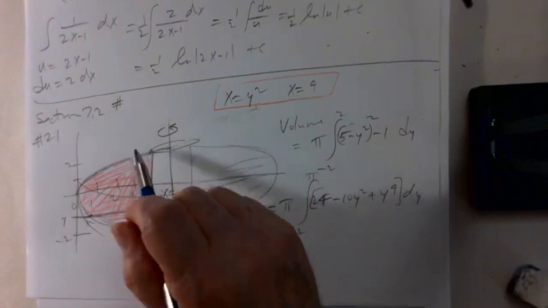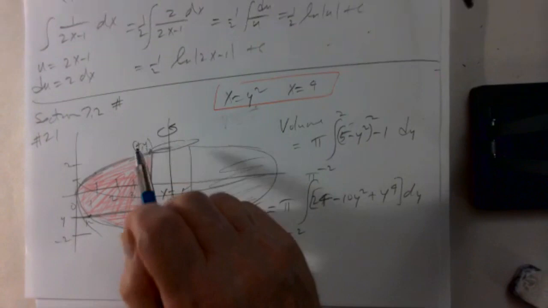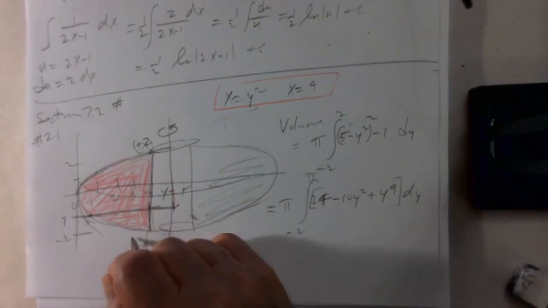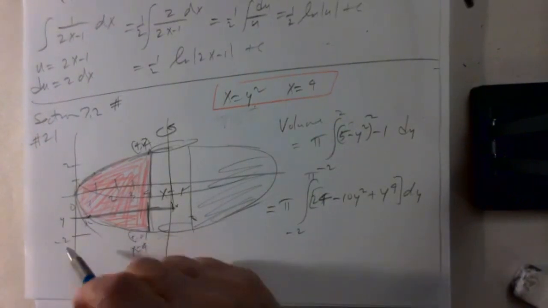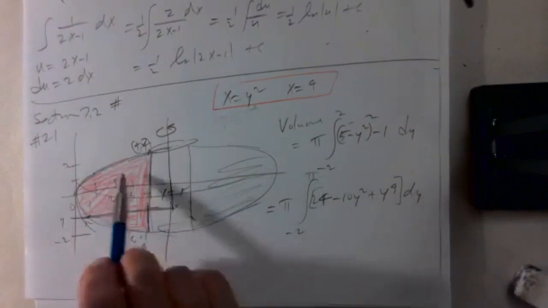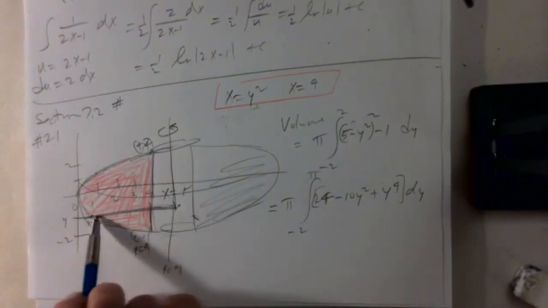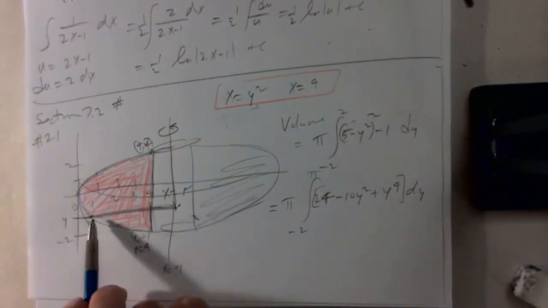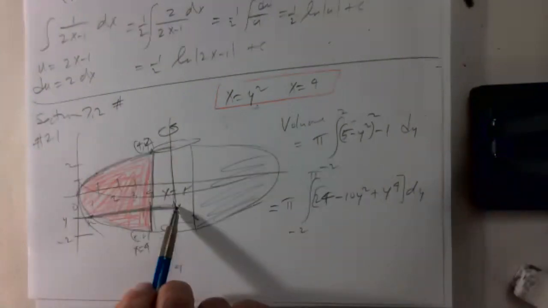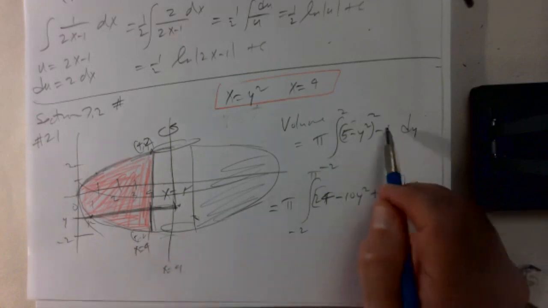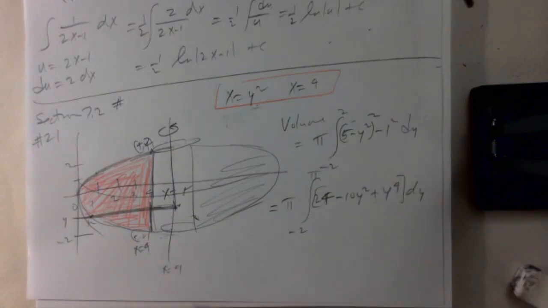When x is 4, y is 2, and at this point, when x is 4, y is minus 2. So y goes from minus 2 to 2. This is the axis, and this is your slice through this body. You get a washer. The outer radius is the distance from y squared to 5, which is 5 minus y squared. The inner radius is 1. So this is what we get, and you integrate it and get the solution.